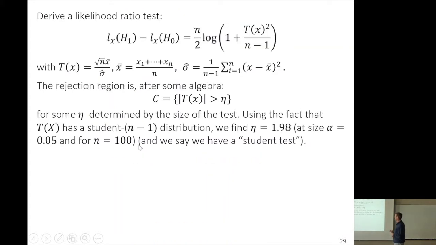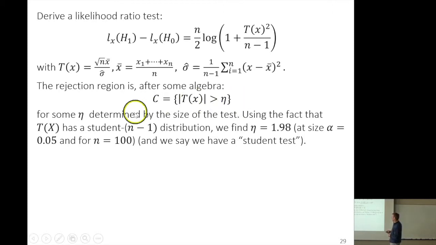Since we have a generic method, let's do a likelihood ratio test. I skip the steps here, but we'll have something very similar where the likelihood ratio will be this, where t is more or less the same as we had before here. And this is large when the absolute value of t is large, so the rejection region will be absolute value of t larger than some threshold here.